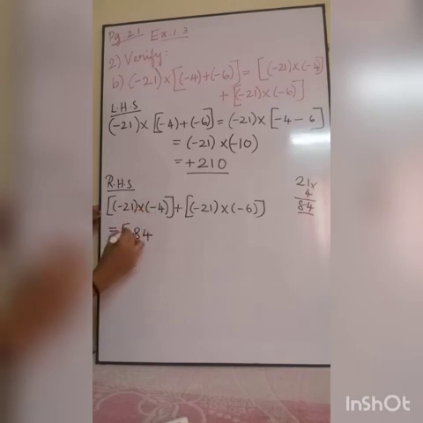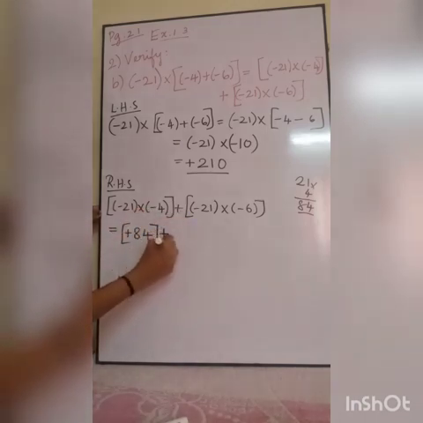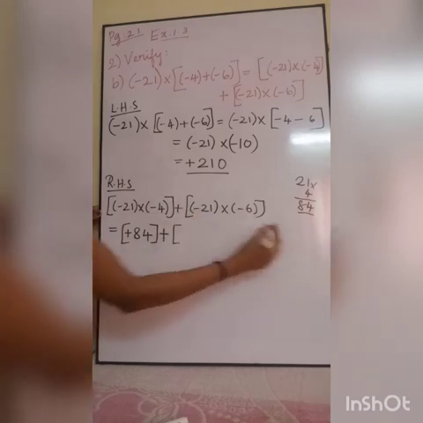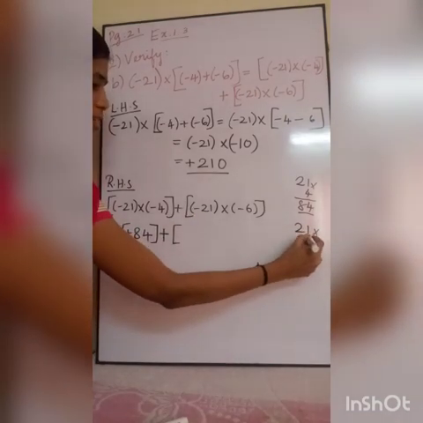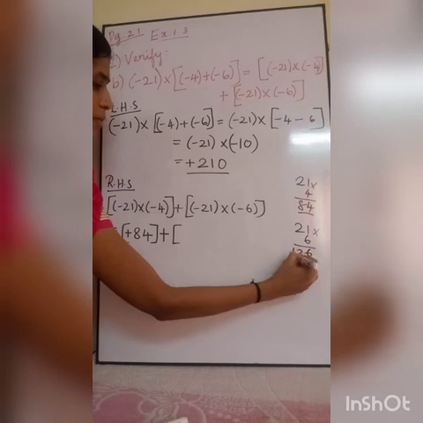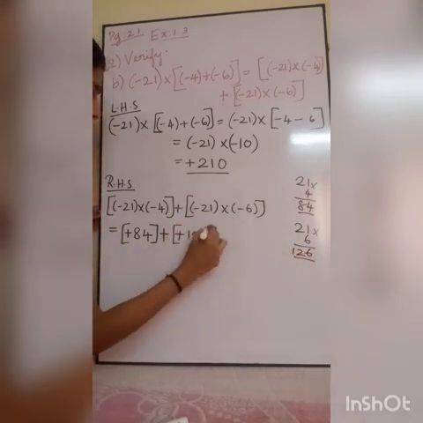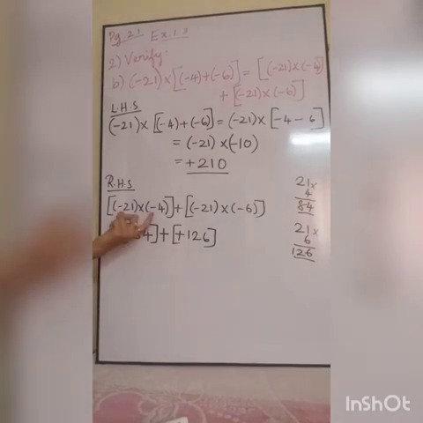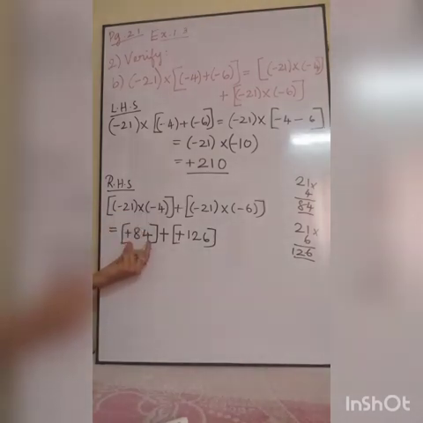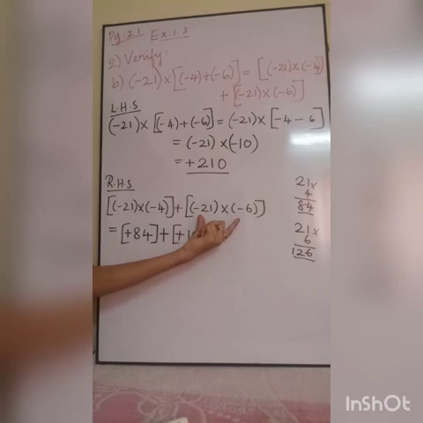Minus into minus is plus 84. Next, this plus I write. Next, minus 21 into 6: 6 1s are 6, 6 2s are 12, 126. Minus into minus is plus 126. Did you understand? Minus 21 into minus 4 is plus 84, minus 21 into minus 6 is plus 126.